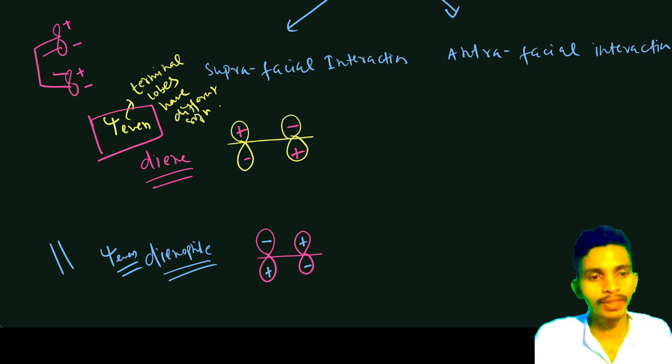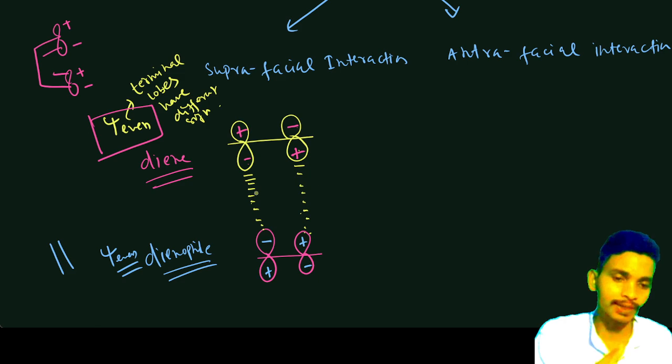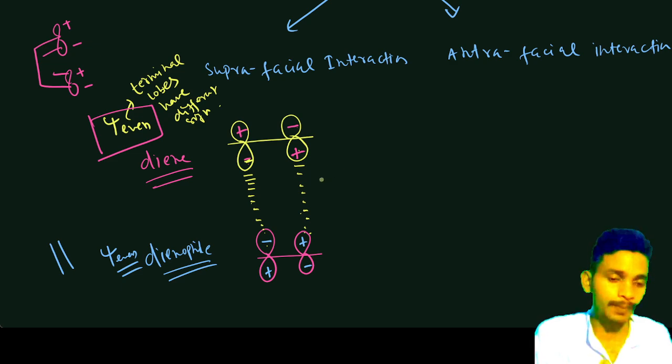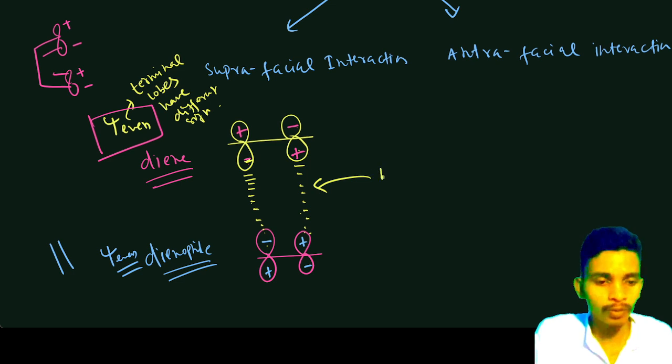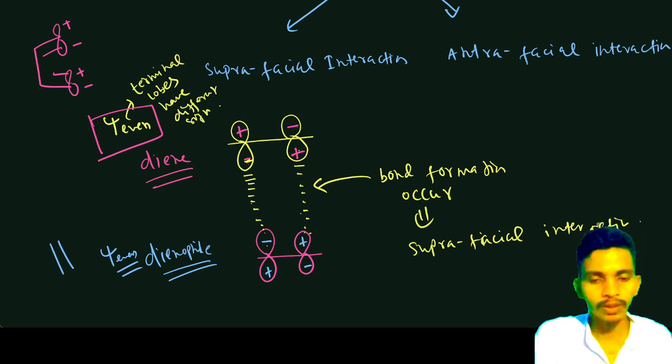Now if you make the bonds here, then this lobe and this lobe have the same sign, so interaction is possible, and this lobe and this lobe have the same sign, so interaction is possible. If the lower lobes and upper lobes have the same sign, then bond formation occurs, and this type of interaction is called suprafacial interaction.